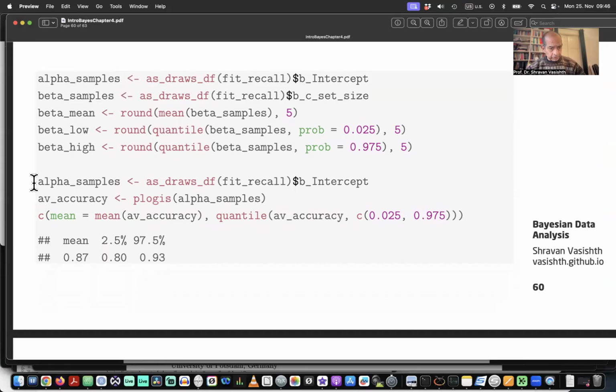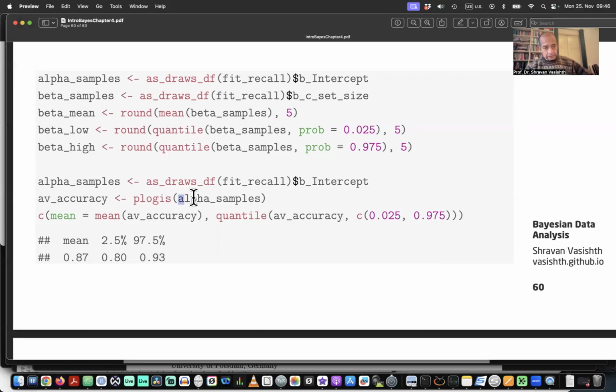But what I'm showing you now is how I would take the log odds posterior samples for the intercept. So those are the alpha samples, and I would convert them back to probability space, right? So I'm running it through the plogis function, like I just showed you when I was doing the iPad derivations.